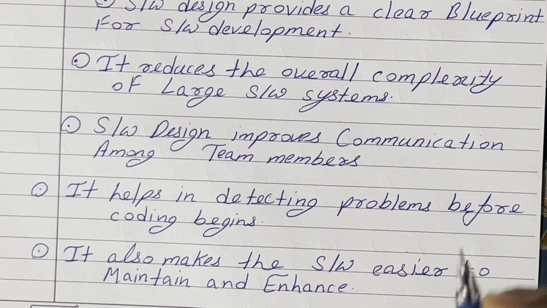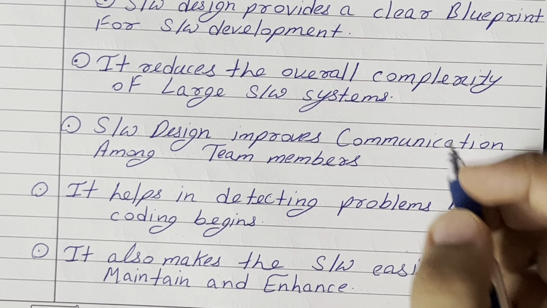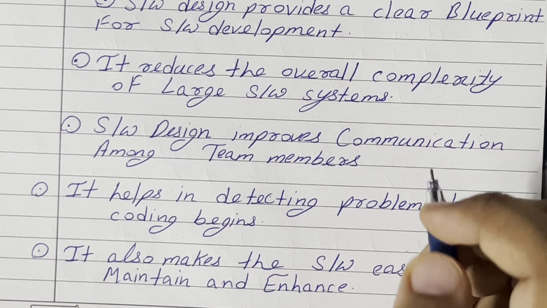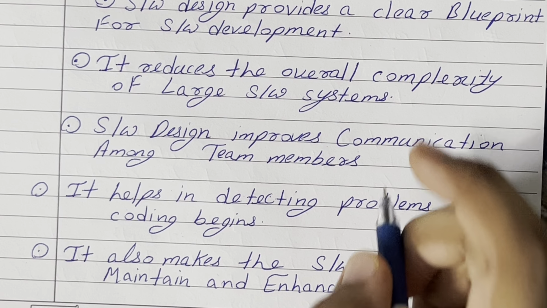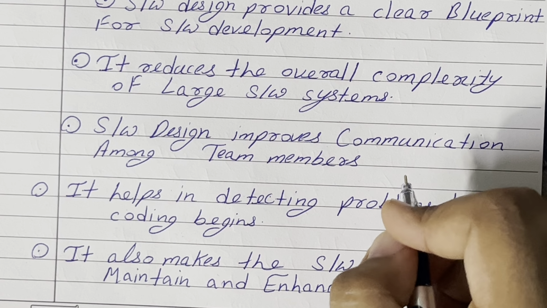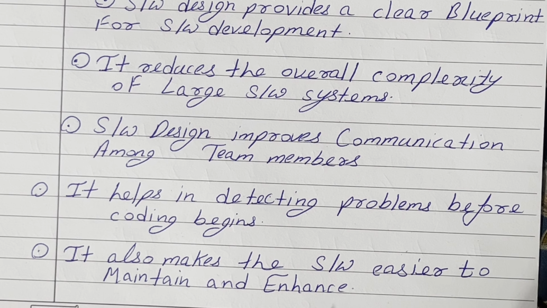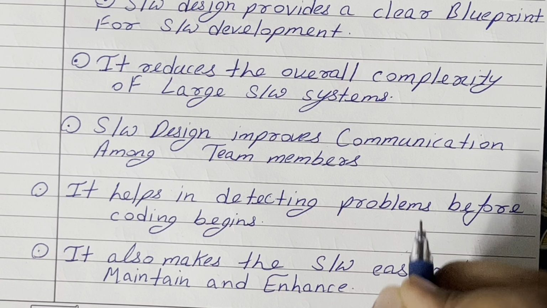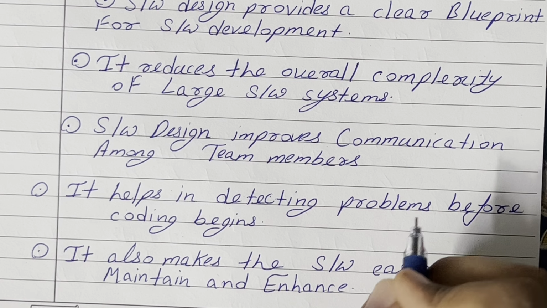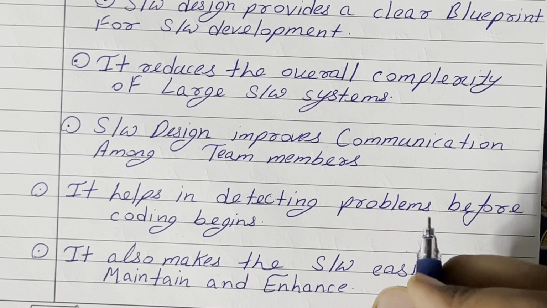Software engineers can analyze the proposed architecture, evaluate module interaction, identify performance bottlenecks and resolve security issues before writing code. Detecting problems earlier significantly reduces the cost of development because correcting design errors is much easier than modifying completed software.